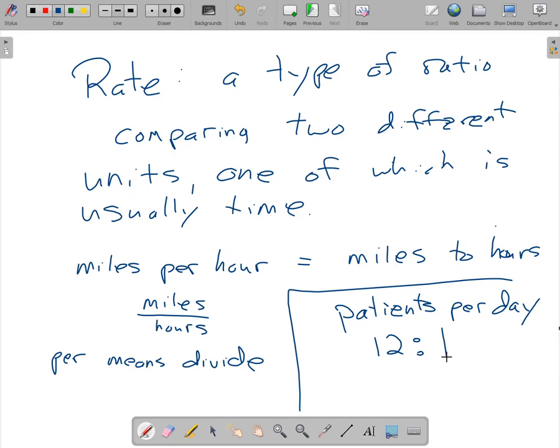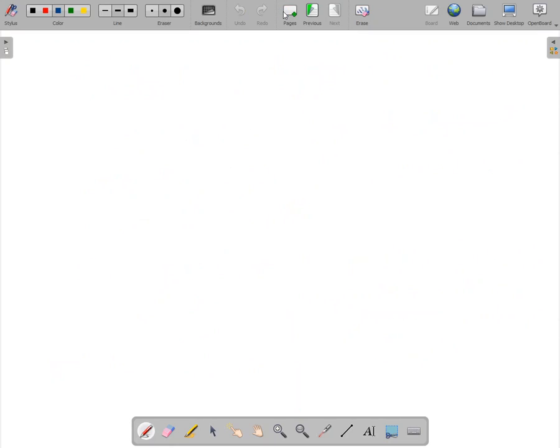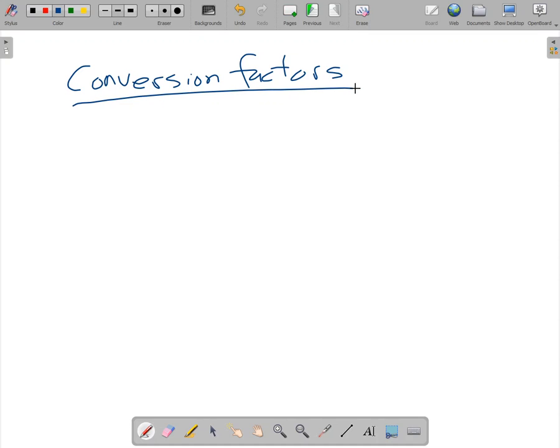Other kinds of rates that we deal with, conversion factors, which we'll play a little bit with later. So conversion factors make rates when we say something like 12 inches is equal to 1 foot, would be one example. There's 2.54 centimeters in 1 inch is another example.